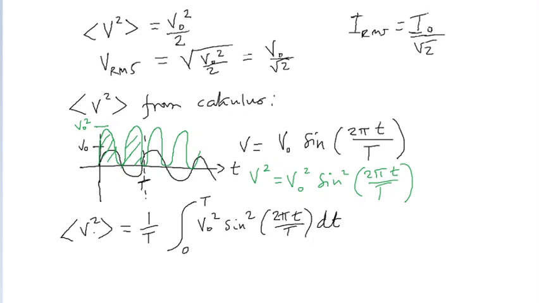So if you imagine we represent this area with a constant rectangle, once we've found the area from the integration, we divide that area by this length here, which is the time period, and we get the height, which is the average that we want. So that's why we divide by T, the time period.